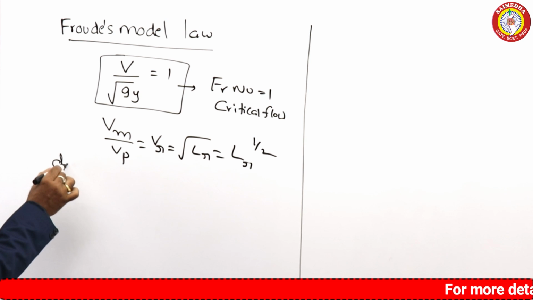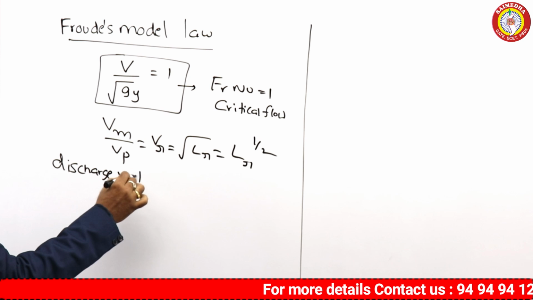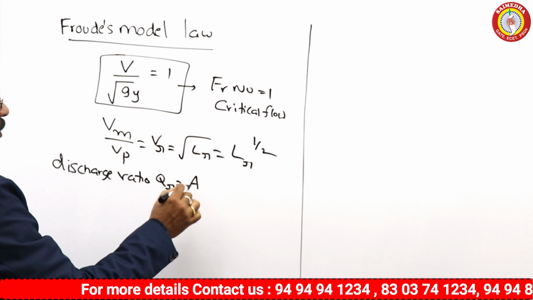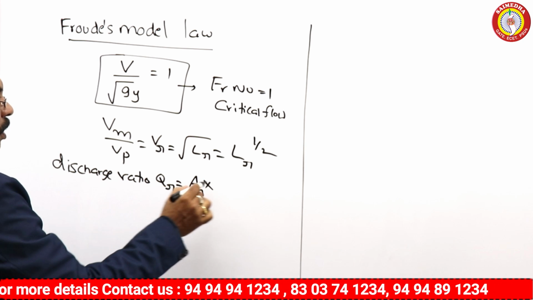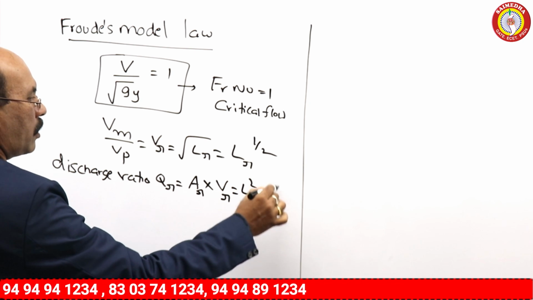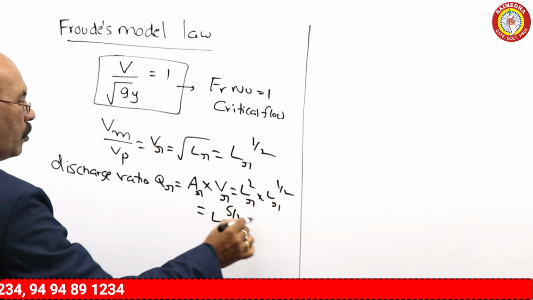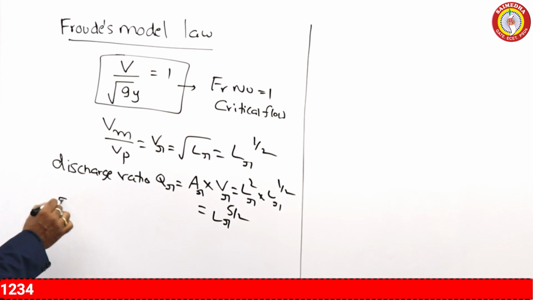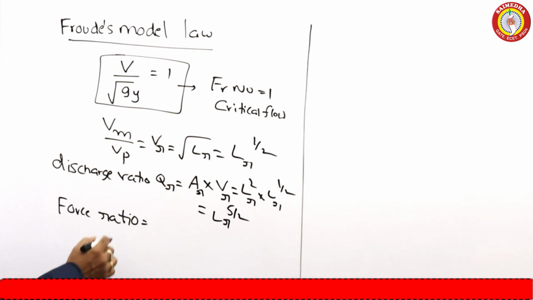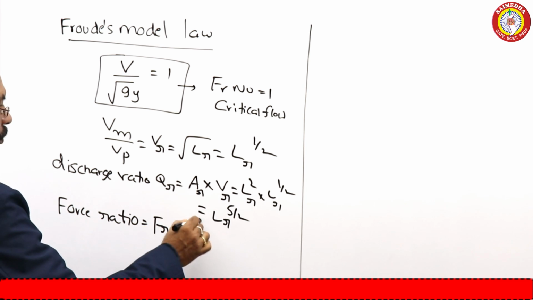The discharge ratio Qr is equal to Ar into the velocity ratio, so Lr square into Lr to the power of half, that is Lr to the power of 5 by 2. And the force ratio Fr is equal to Lr cube.